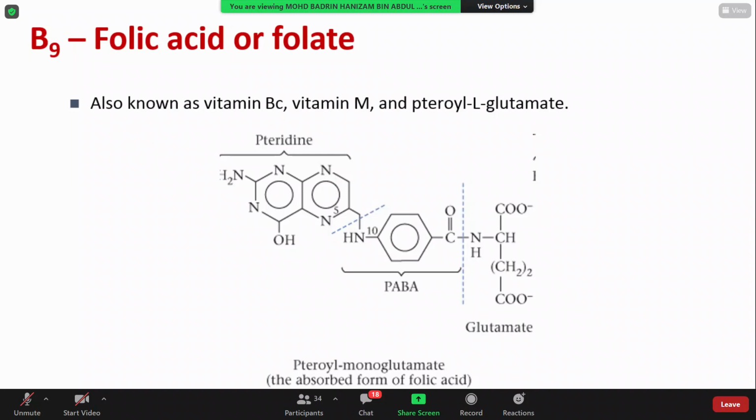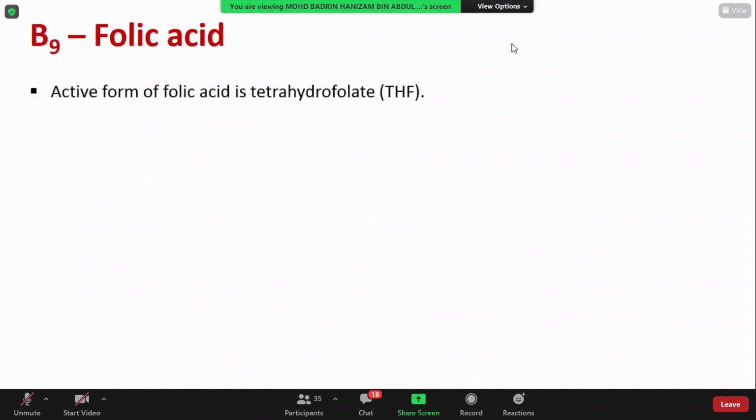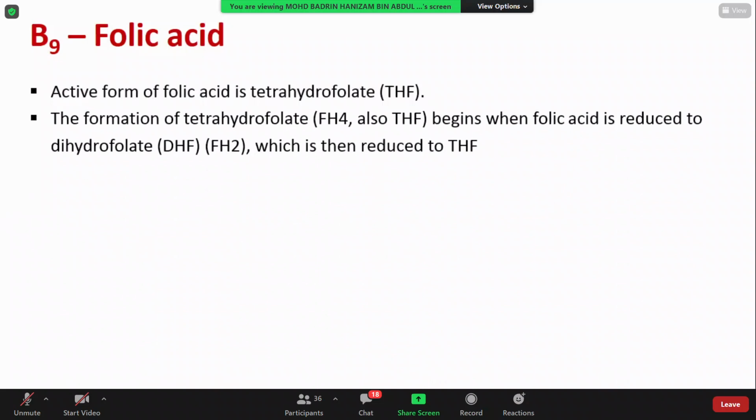So that's why we need to convert this vitamin into the absorbable, soluble form, in order for our body to use these vitamins. The active form of vitamin B9 is THF, or tetrahydrofolate. And remember, THF is the most active form of vitamin B9.